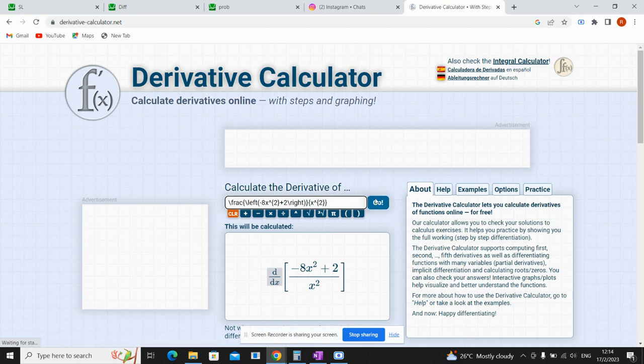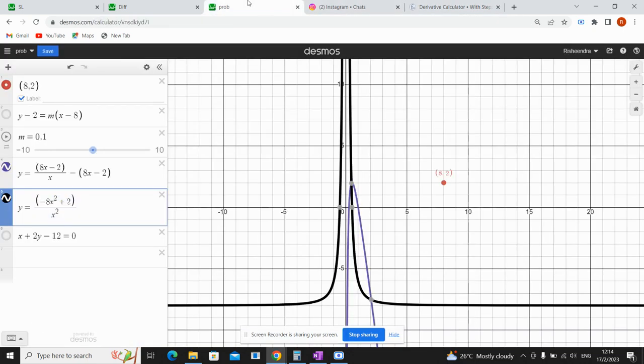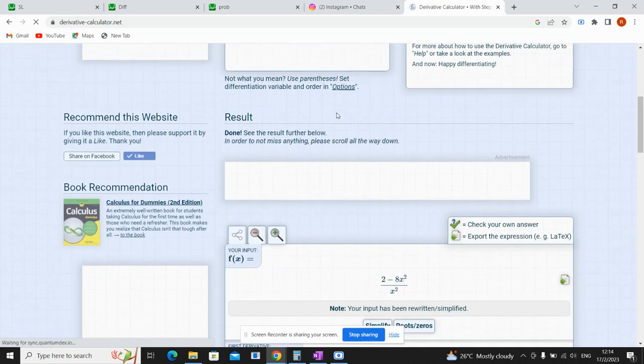See, differentiation, go. Let's get the answer. Let's say x plus 2. Okay, result.